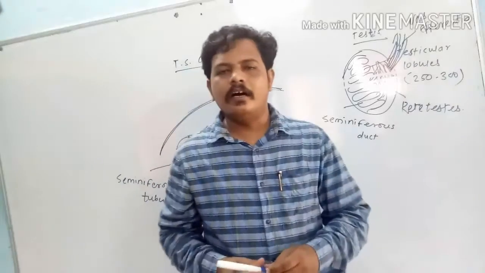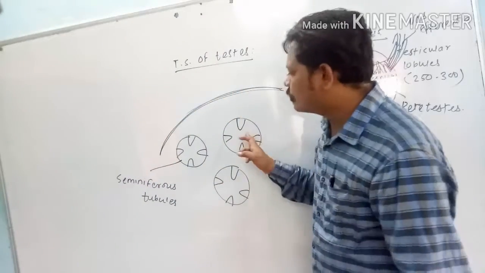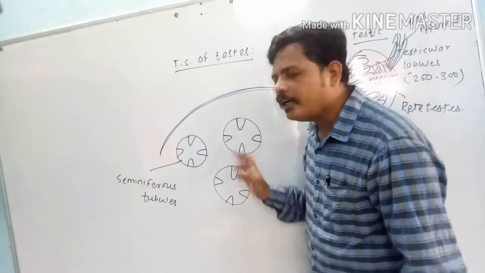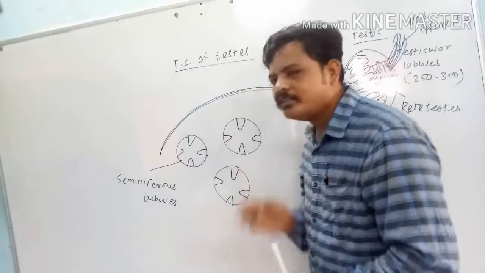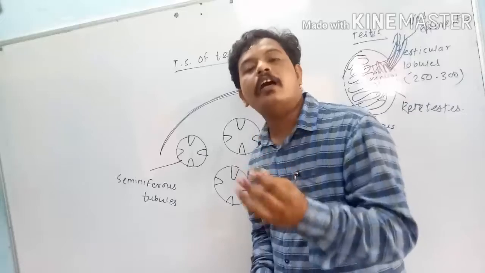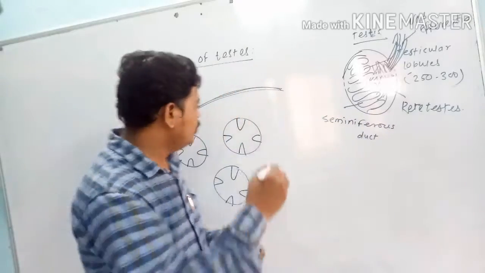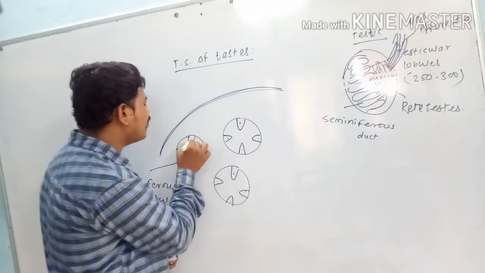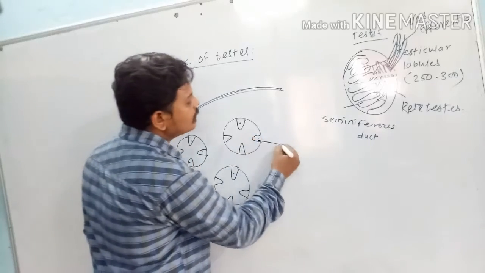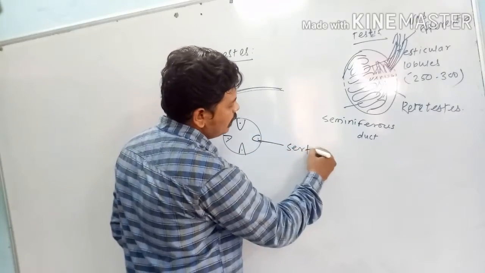Among these two types, the first are few, large, pyramidal-shaped cells. These large pyramidal-shaped cells are called Sertoli cells.